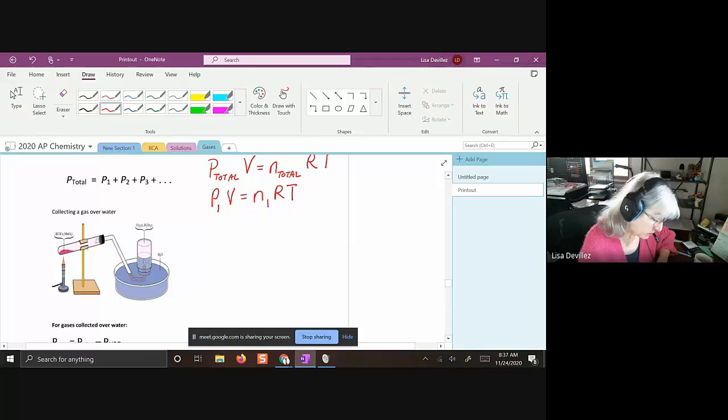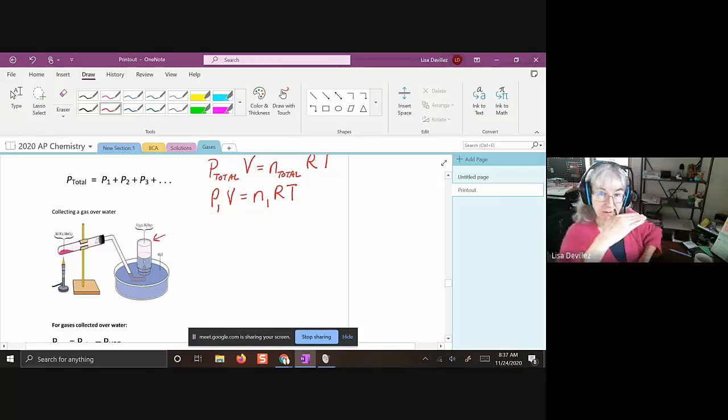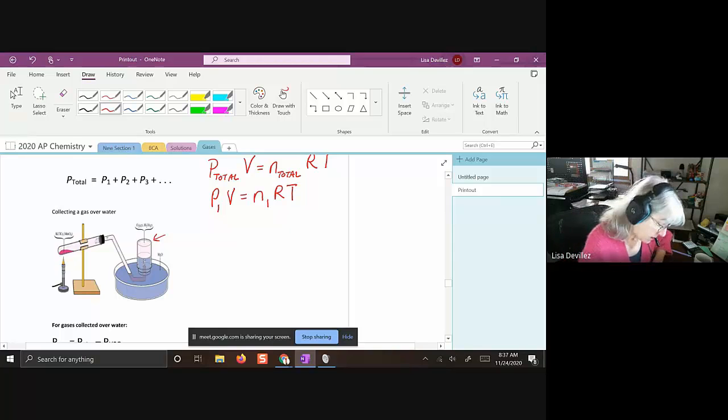We've got potassium chlorate decomposing, and essentially this water bottle here would be completely filled and then inverted. The oxygen gas that's being generated is going to bubble up through here and come in, and it's going to force the water out.